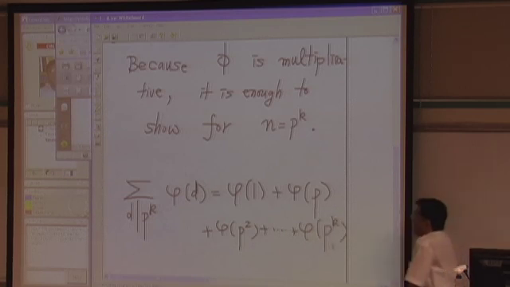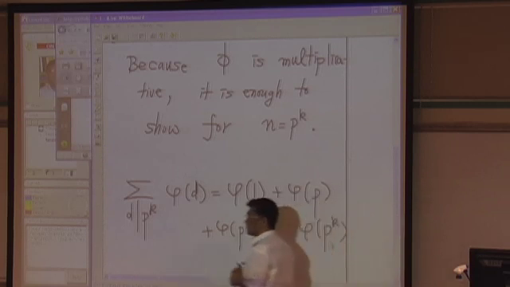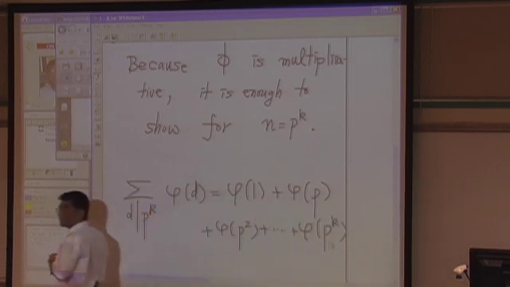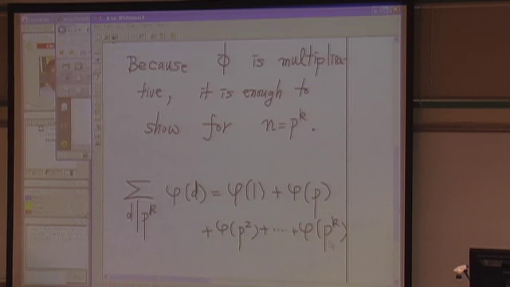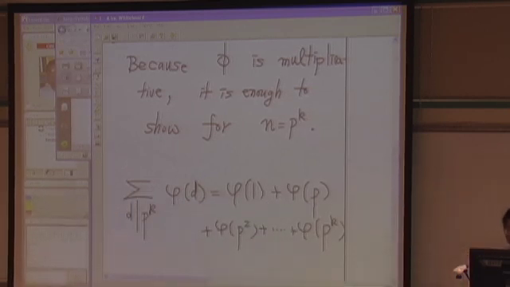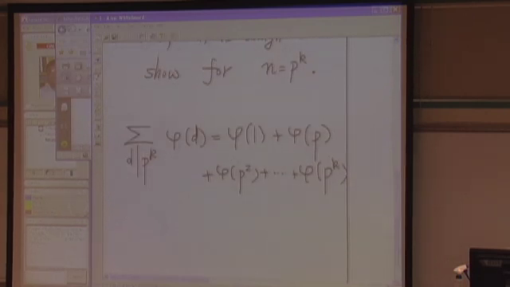These are all possible divisors. Can you find other divisors than these? Then by definition, phi of 1 is 1.